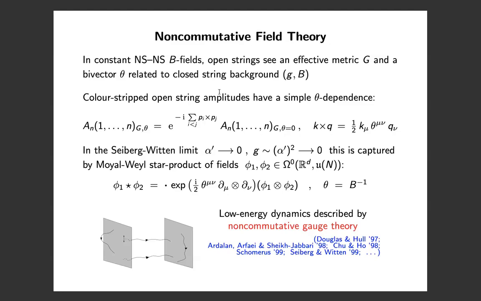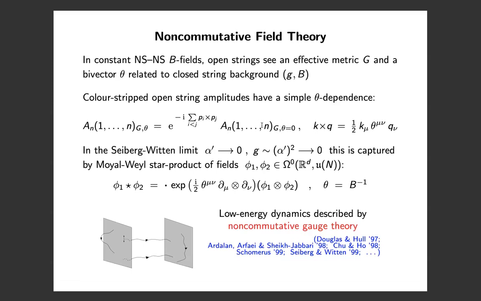Okay. And so now the observation is that if you look at the tree level color stripped open string amplitudes in the presence of the B field, they're going to depend on these two parameters, G and theta. Then they have a very simple dependence on theta. There's a phase factor that comes out from the usual amplitude without the B field.